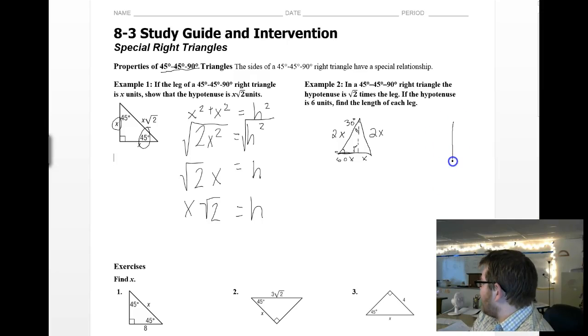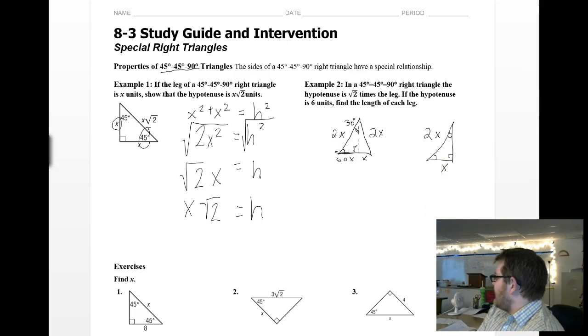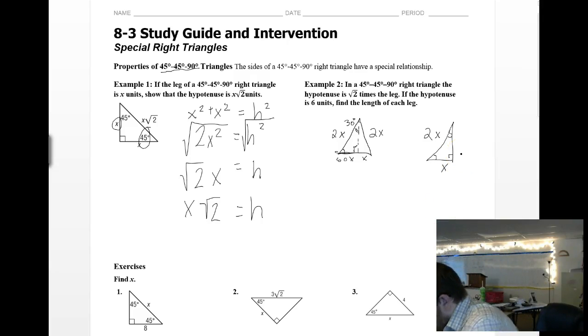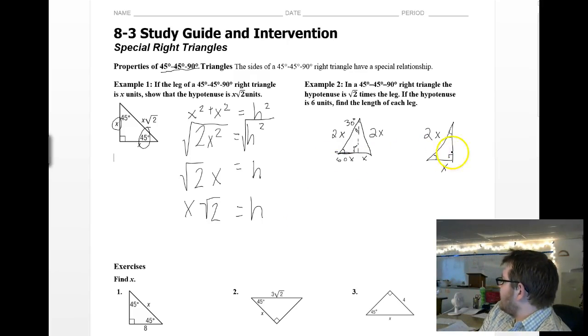So let me write this, just the half triangle so you can see. This is your 60, your 30, your right angle. So you've got 2x. You've got x, and now we can use the Pythagorean Theorem because let's call this a for altitude or height.